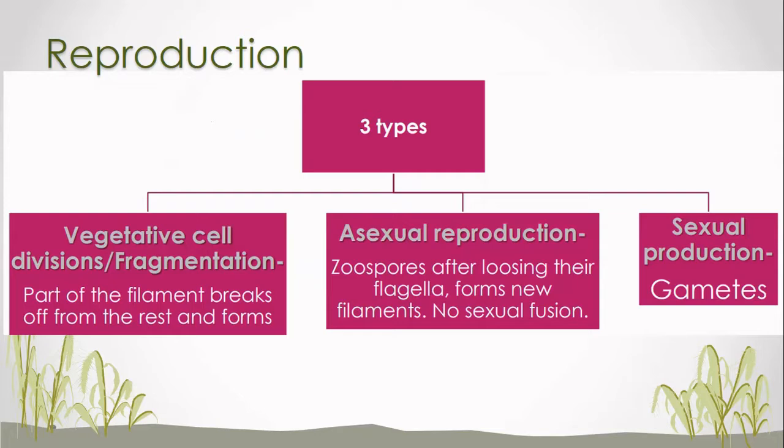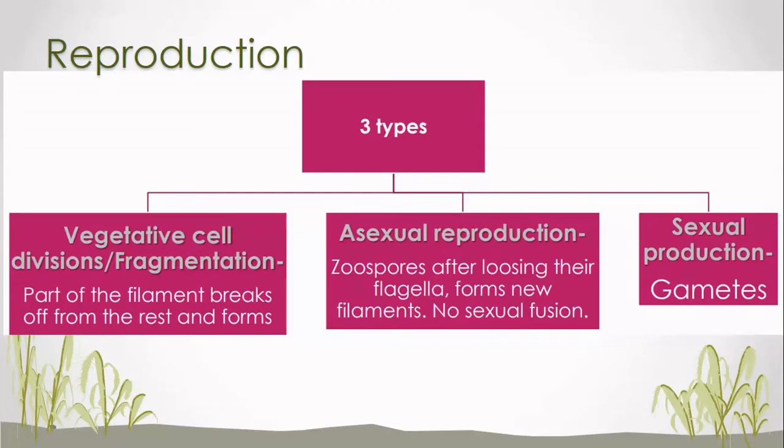In terms of reproduction, so there are 3 types of reproduction that occur in this kingdom, sa Protistan kingdom. We have the vegetative cell division or fragmentation, in which a part of the organism is torn and develops into a new individual. Ang isa naman is asexual reproduction by the development of zoospores.